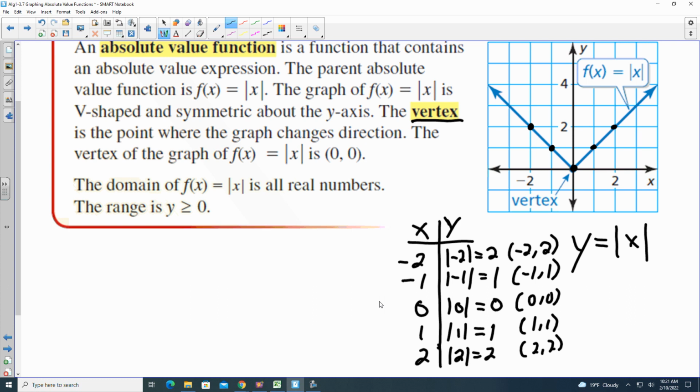All of the points that I made on the table fit on this graph. So then I can say, okay, this is where the change is, where my vertex is, and I can draw it from there. Okay.